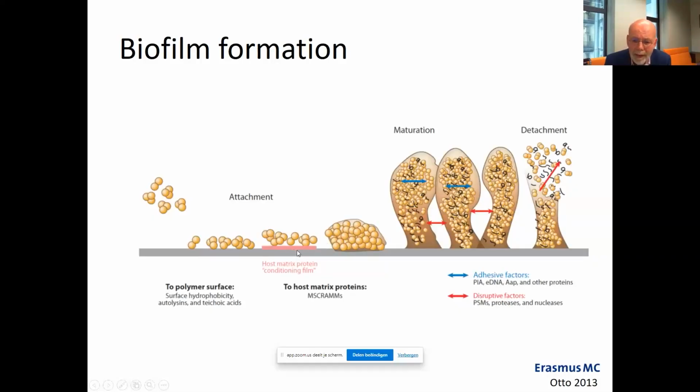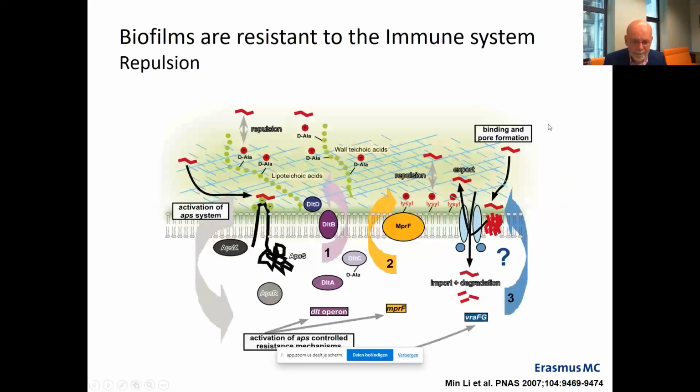Bacteria can adhere and form clusters, encapsulate themselves in bacterial proteins, human proteins, bacterial and human DNA, but also bacteria-produced sugars. Finally, ending up with mature biofilms like this. And at a certain moment, they can disperse and secondary infections can appear.